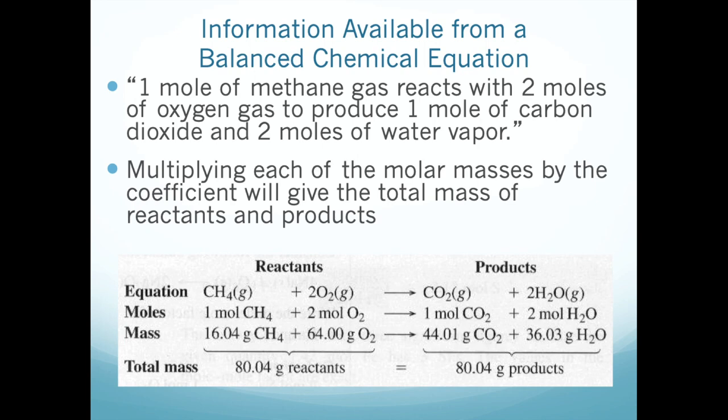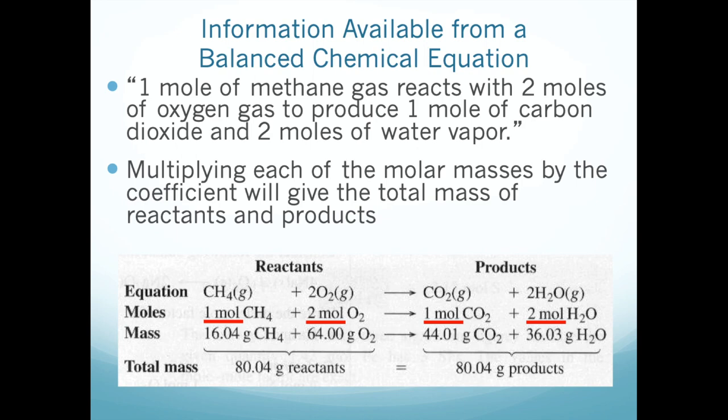So it makes sense that the mass of those atoms would also add up accordingly. All right, so if we took the mass of 1 mole of methane and the mass of 2 moles of oxygen, it would come out to a little over 80 grams. Likewise, if we took the mass of 1 mole of carbon dioxide and the mass of 2 moles of water, we would also get that same mass.